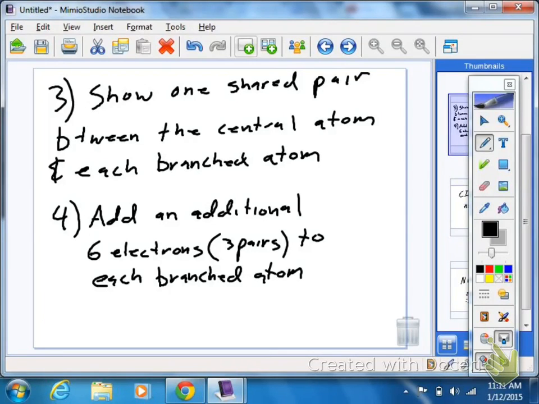So on the example we're doing now, when you follow the steps, number 5, if you're going along with it, any leftover electrons need to be placed off the central atom.